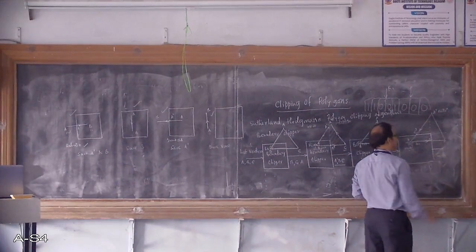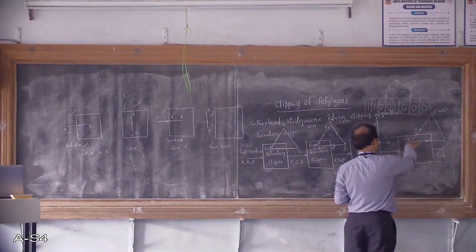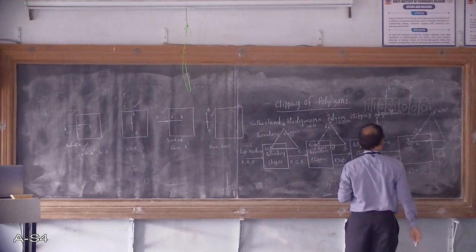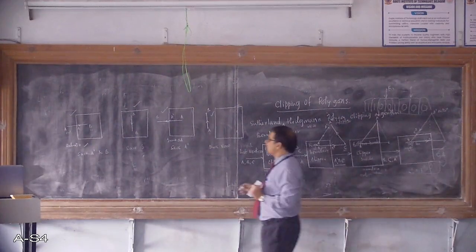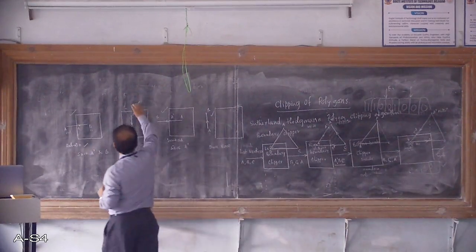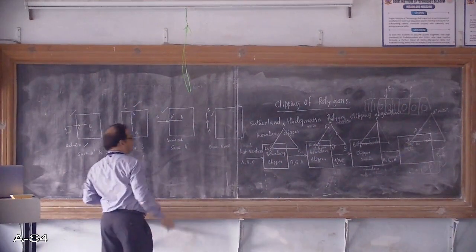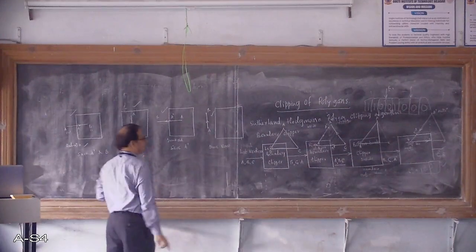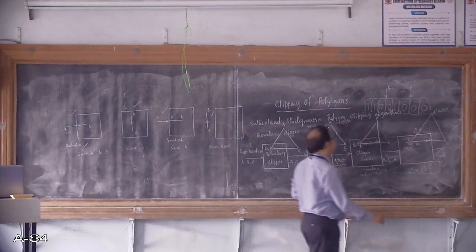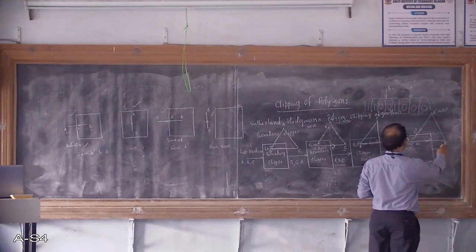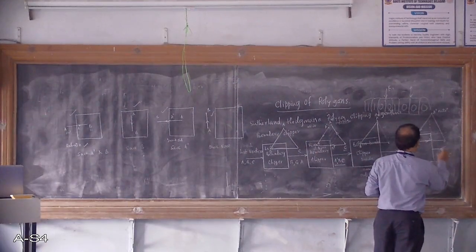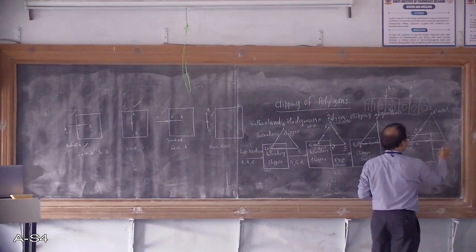B, C are the two vertices which are found to be inside, and therefore this matches with the case number 2, in which both the vertices of the edge are inside. Under this case we have to save the second vertex. So as far as BC is concerned, the second vertex is C, and therefore ignore B and retain C.